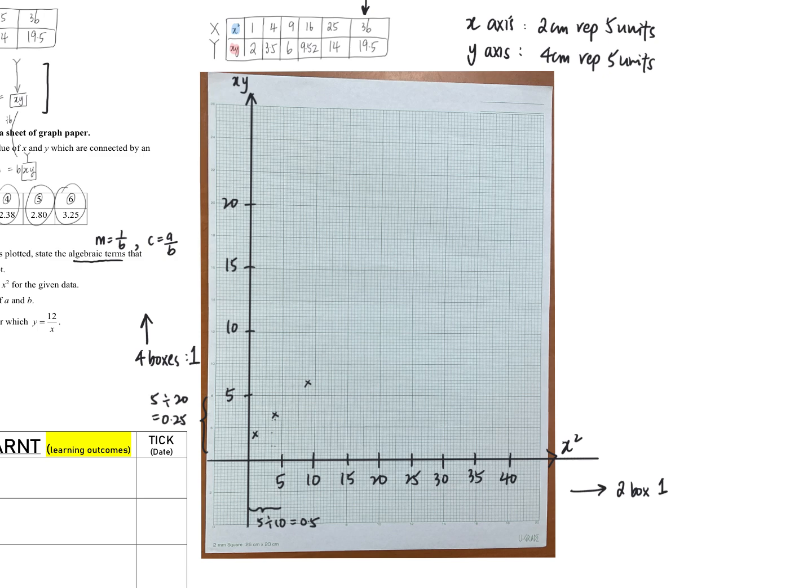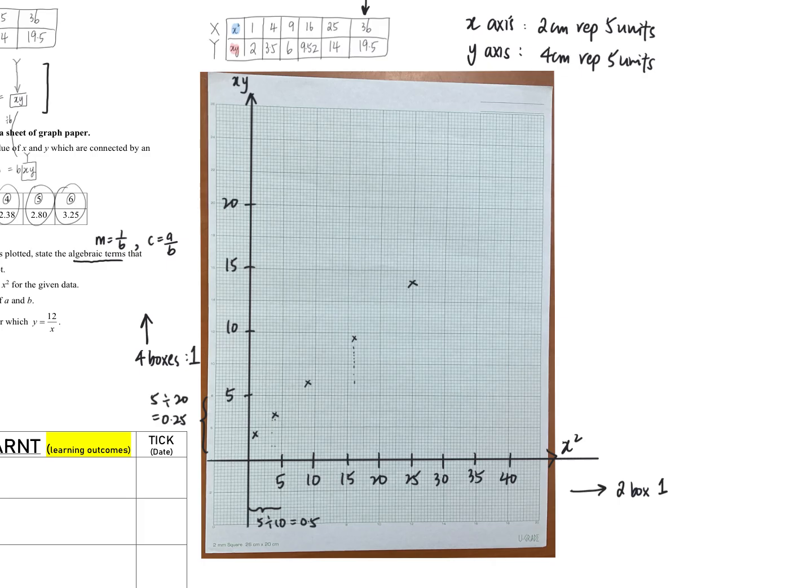Next one is my 16 and 9.52. So 16 is this line. 9 is 4 point, okay, here. Then I have 25 and 14, 4 boxes away.